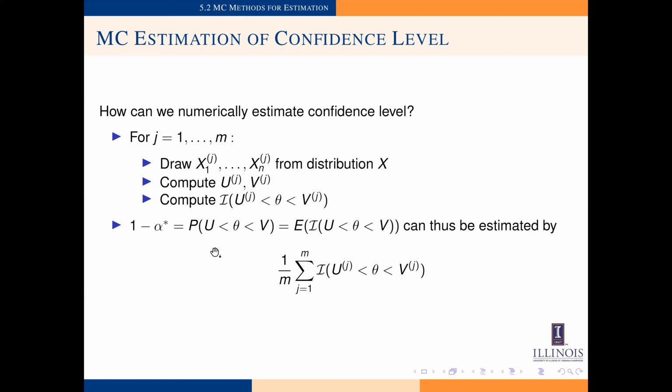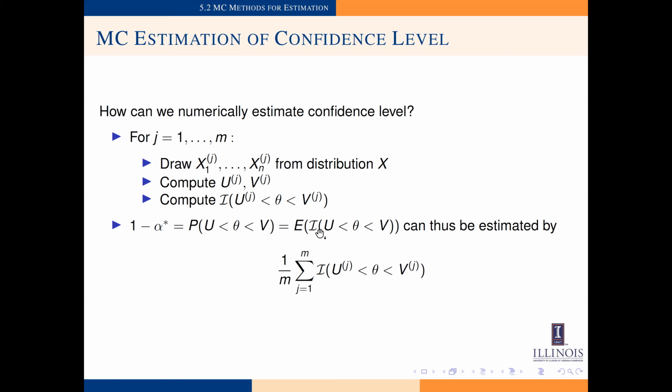Then you can see that 1 minus alpha is equal to the probability that u is less than theta and less than v. So this is equal to the expectation of the indicator function applied to testing whether theta is between u and v.